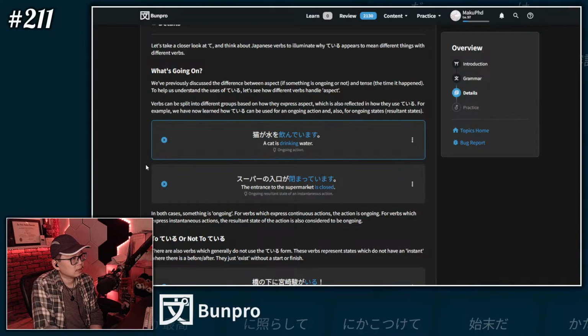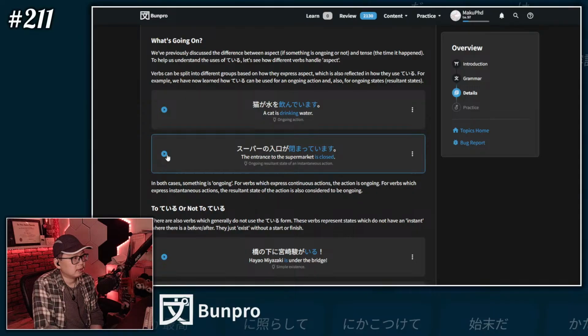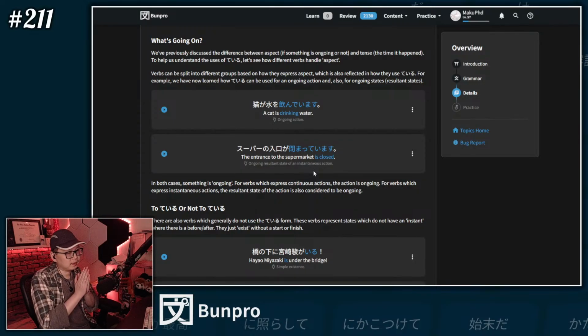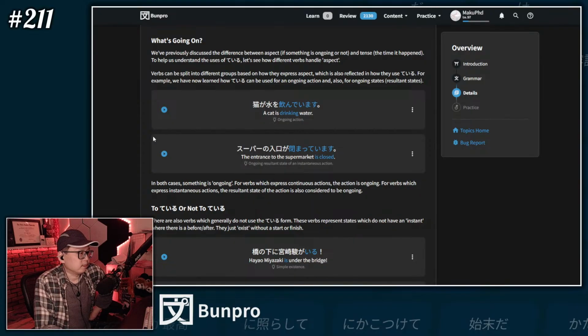猫が水を飲んでいます。 A cat is drinking water, so that's an ongoing action. スーパーの入り口が閉まっています。 The supermarket is closed, so it closed and continues to be closed. Ongoing resultant state of an instantaneous action. It closed up and it stays closed. In both cases, something is ongoing, right?